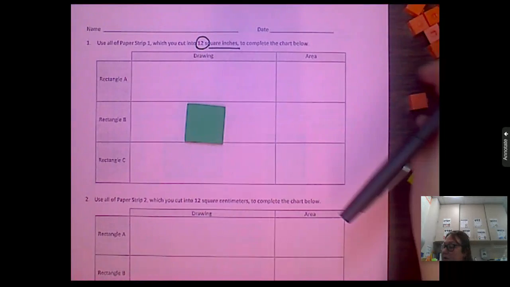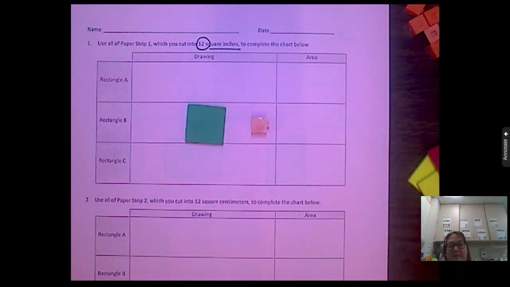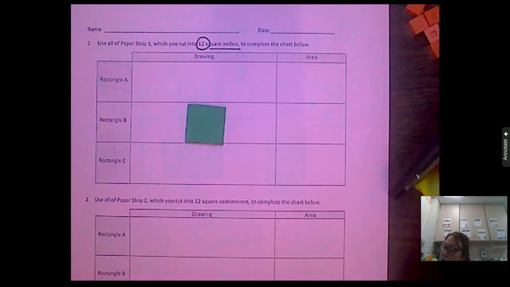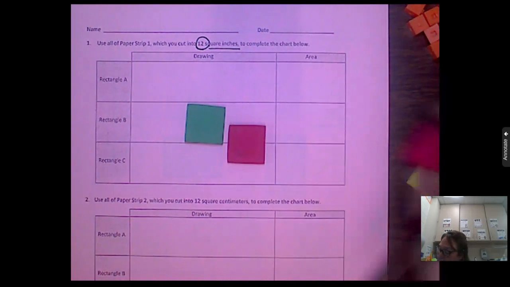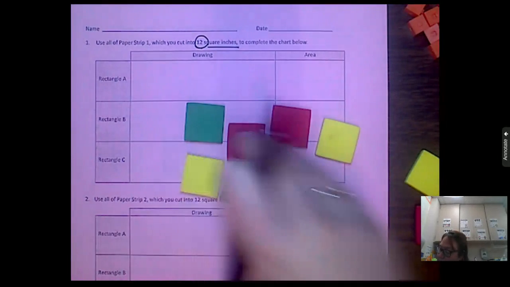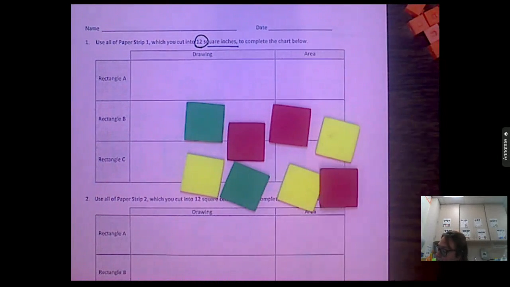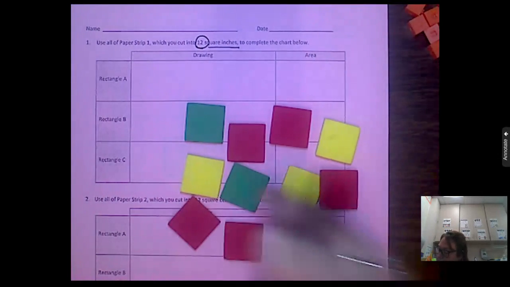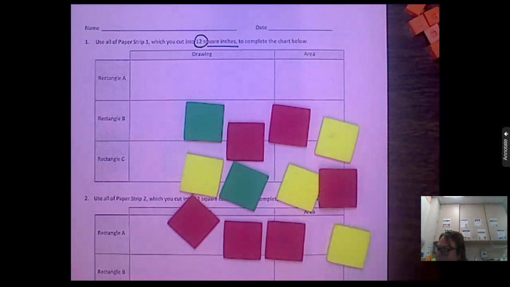So these are our square inch, and then we would have the smaller paper tiles for the square centimeter tiles, okay? So the first one, we're using 12 square inches. So you want to have 12 of these puppies. So 4, 5, 6, 7, 8, 9, 10, 11, 12.